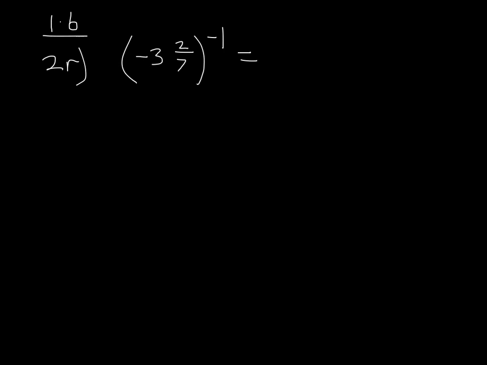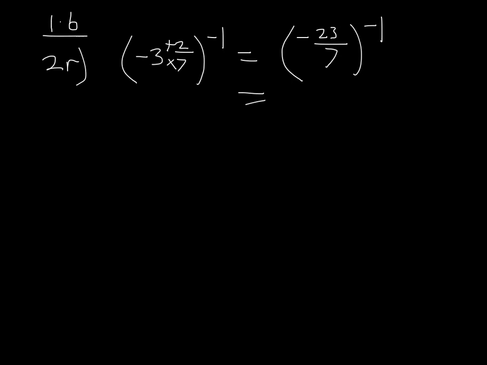Okay, you probably remember when you got a fraction like this, you go 7 times 3 is 21, plus 2 is 23. So what I've actually got here is minus 23 on 7 to the power of minus 1.